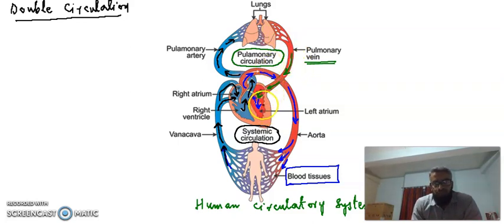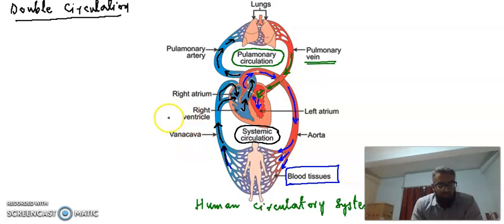While the circuit that transports oxygenated blood from the left ventricle of the heart via the great aorta to the body tissues, and deoxygenated blood from body tissues via vena cava to the right auricle of the heart, is known as the systemic circuit or systemic circulation.